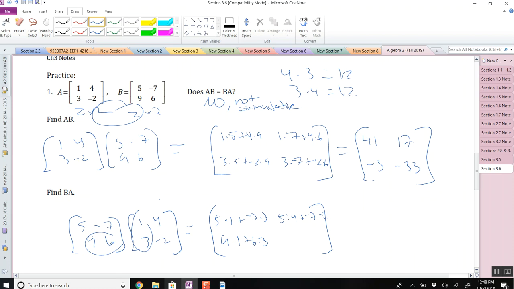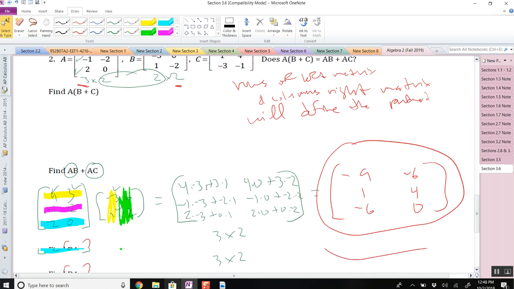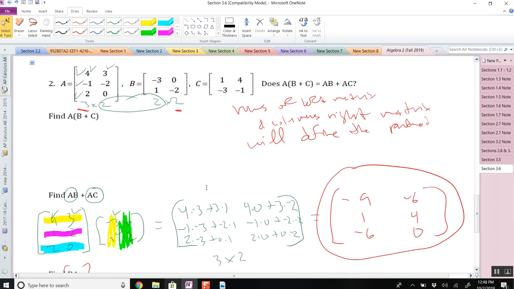Multiplying that row by that column. 9 times 4 plus 6 times -2. So I get -16, 34, I think, 27, and 24. Much different results. So matrix multiplication is not commutative. So you do have to be mindful of the order. And we kind of already worked out example 2 here.